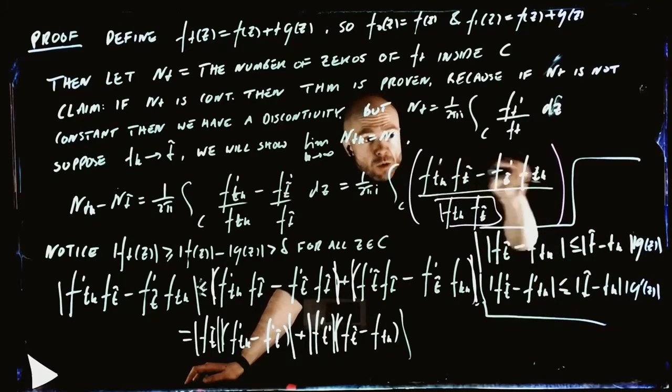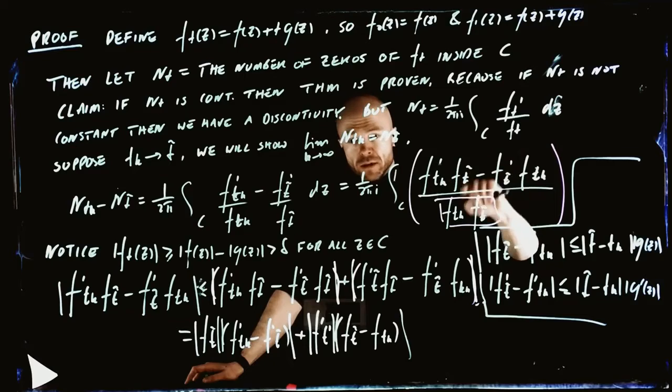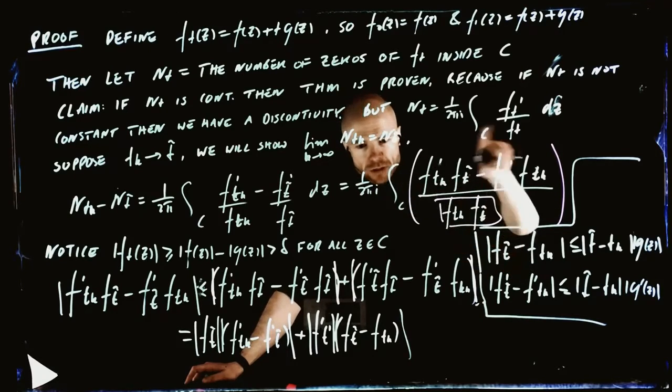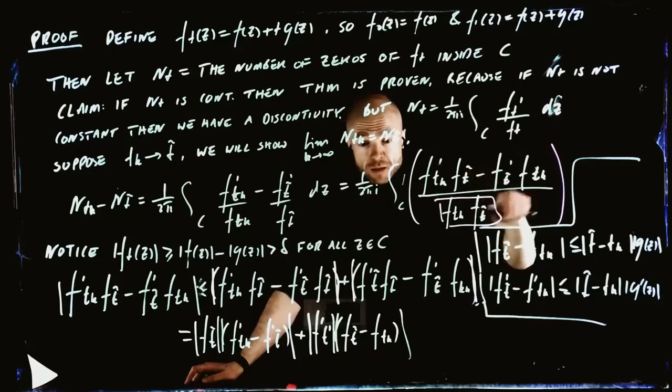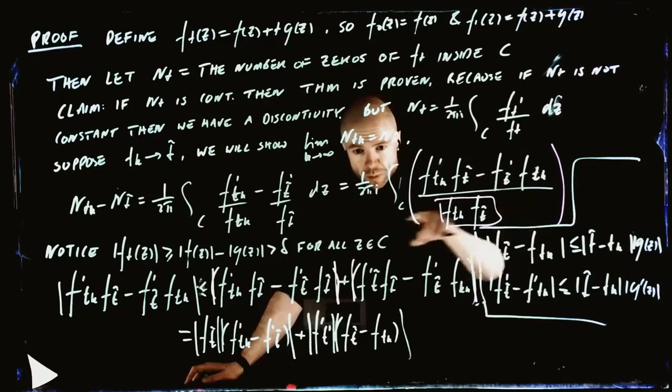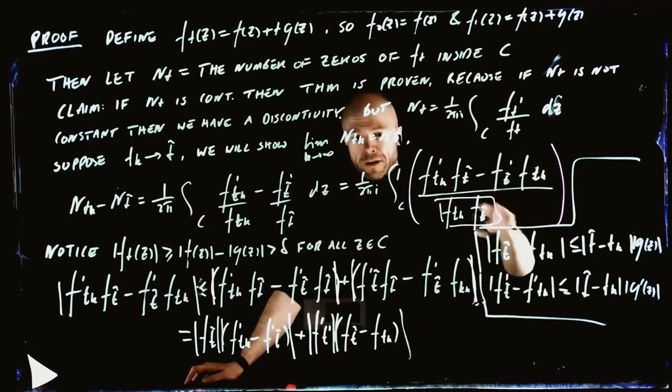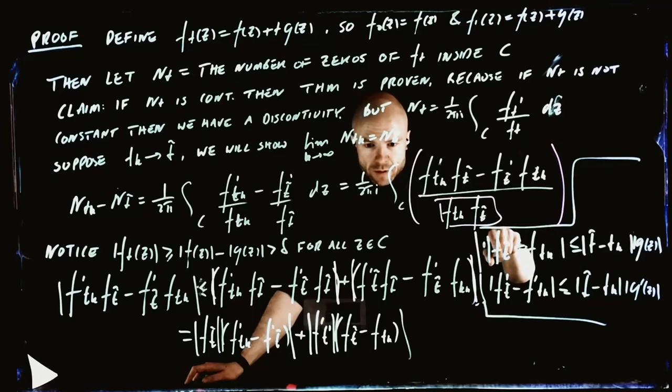So the stuff in the numerator is definitely going to 0 uniformly with respect to z around the curve. Yeah? So the numerator is definitely going to 0 uniformly, and the denominator is definitely bounded above. So this stuff inside the integral is uniformly converging to 0. So we can pass the limit through the integral and therefore have that this thing in the limit is equal to 0. Yeah? Everybody happy?